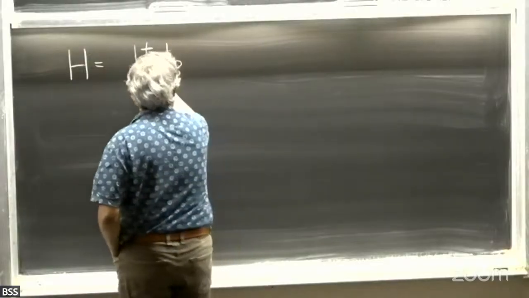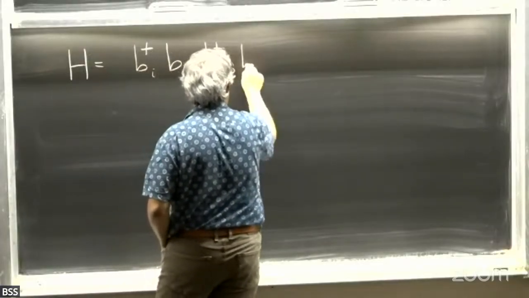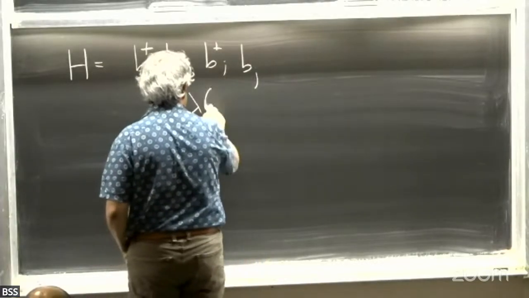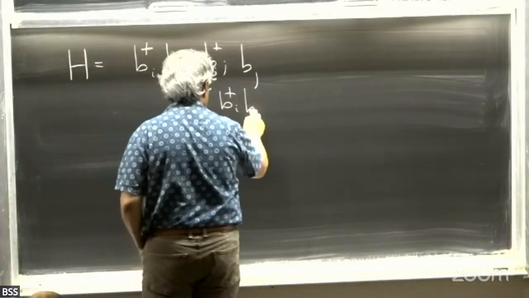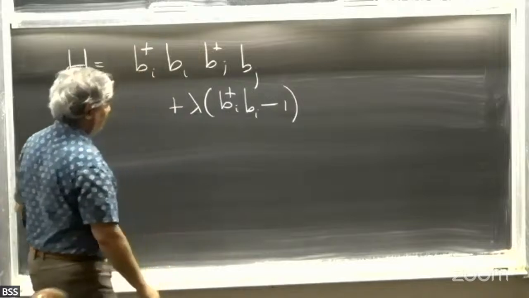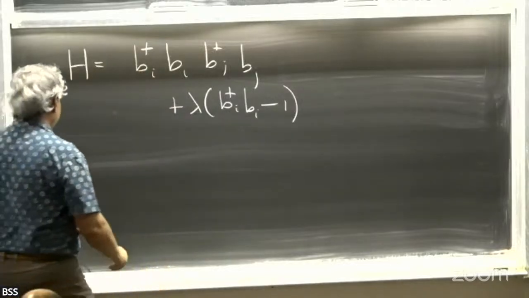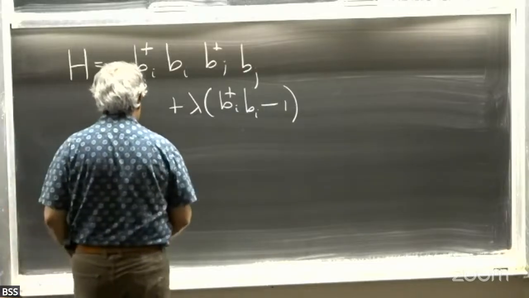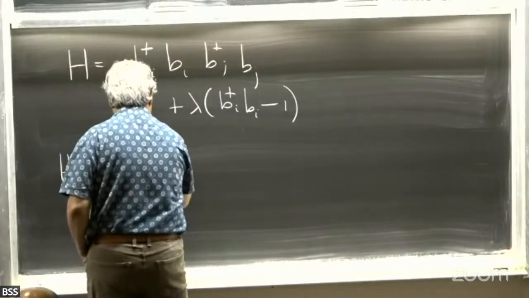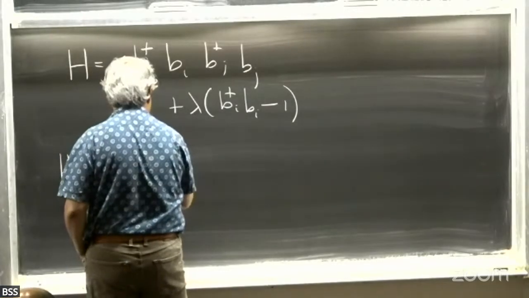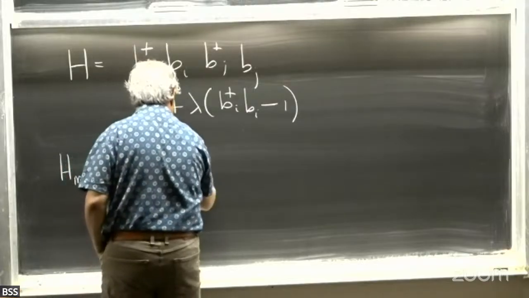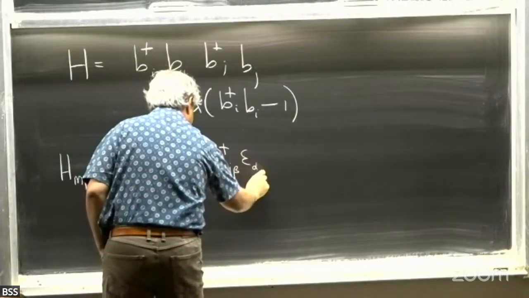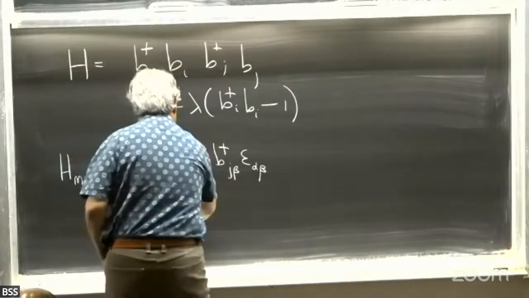So you get B dagger i, B i, B dagger j, B j here, and you just do Hartree-Fock, and then you impose the constraint by a Lagrange multiplier. That's what you do in mean field theory. Then you get an H mean field, and you find the best mean field for the nearest neighbors. In this case, it turns out the mean field is the following Hamiltonian: Q_ij, which is your mean field, B dagger i alpha, B dagger j beta, epsilon alpha beta, plus lambda.